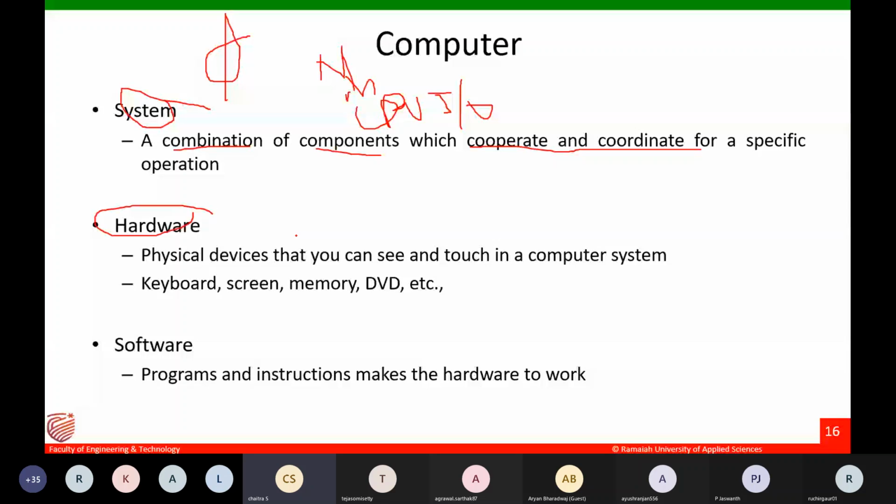I'm able to touch my keyboard, my mouse, my monitor. All these are your hardware devices. What is software? Whatever IDE you installed. For the students who attended my previous class, we were using some software. We all are also using WhatsApp. You're not able to touch and feel it. It is software. Whatever you give, it is doing it.